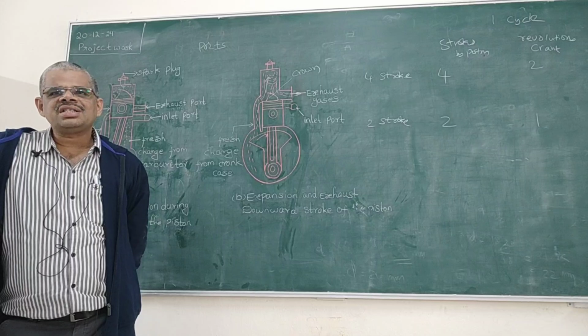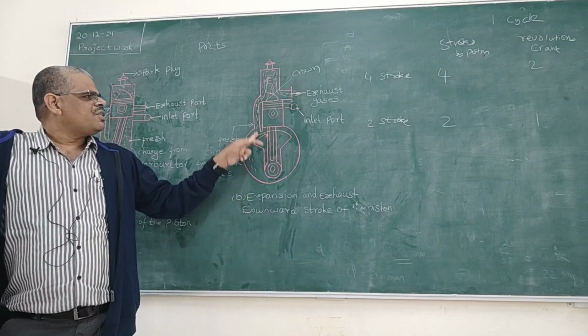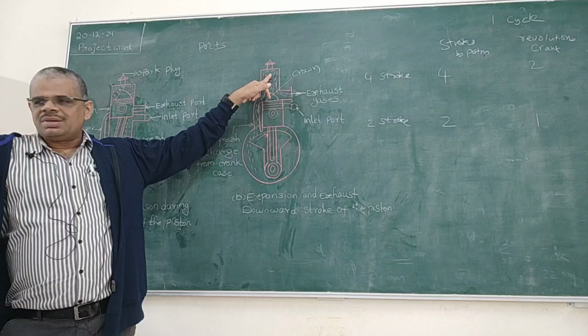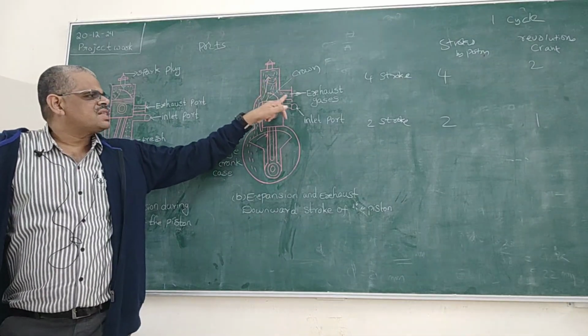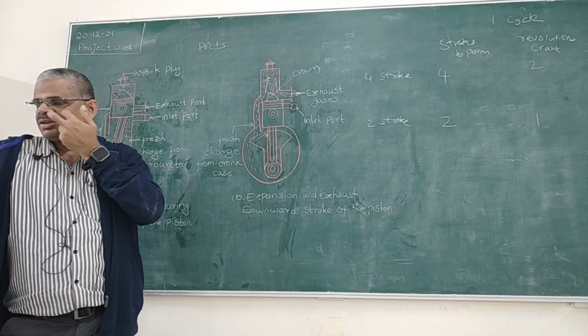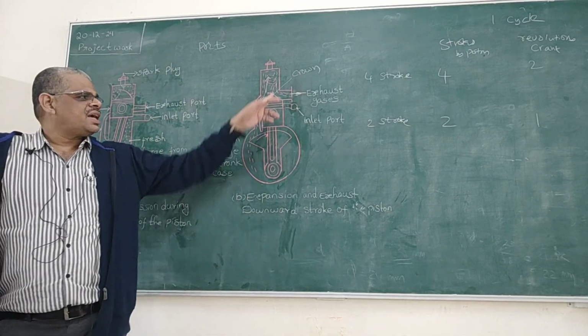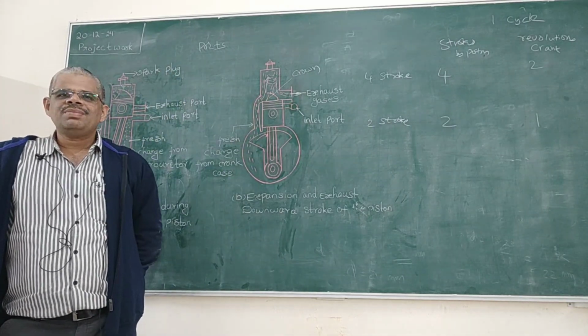And one more advantage of this provision is, whatever be the charge entering into the combustion chamber will push the exhaust gases outside, so that the exhaust can be completed.